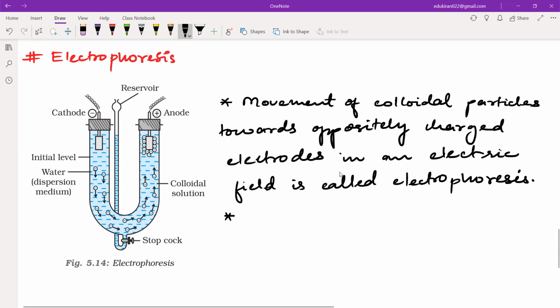Right. Now there's one more term which is related with electrophoresis. It is known as electro osmosis. Electro osmosis happens if we prevent this movement.